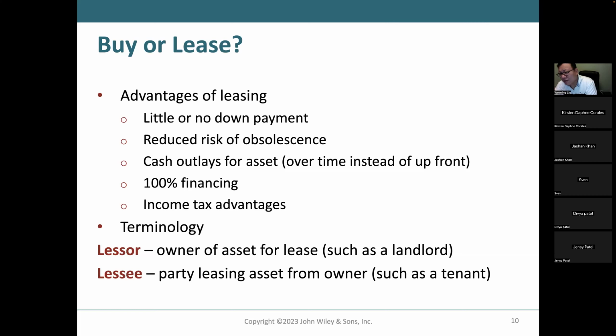Same idea for cars. If you own the car, you're going to own it for 10 years, and 10 or 15 years later, your car is kind of obsolete, right? But if you lease, you lease for every 3 years. So every 3 years you get a new car, so you don't worry about being obsolete, right?